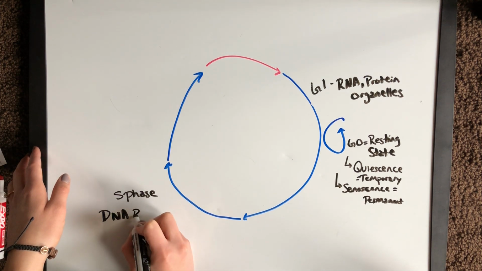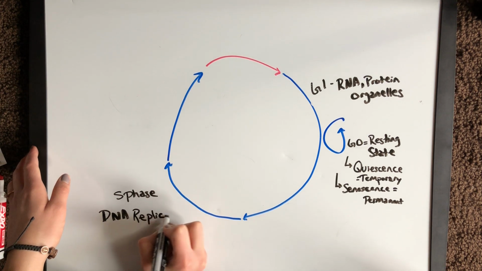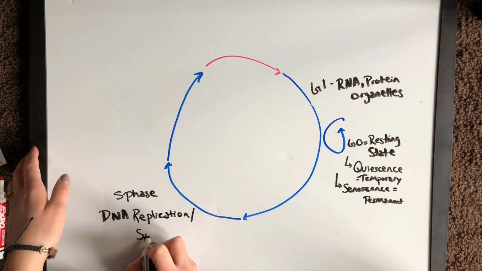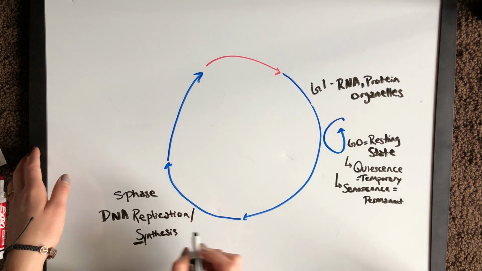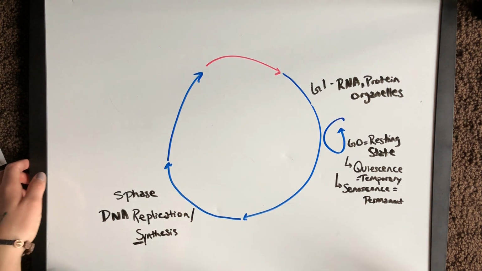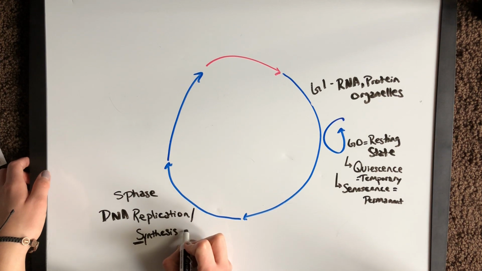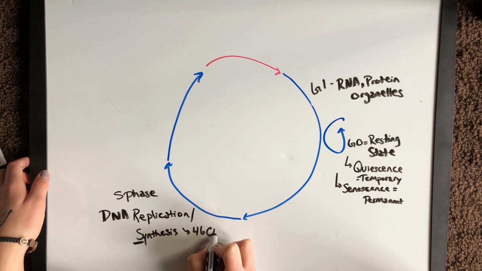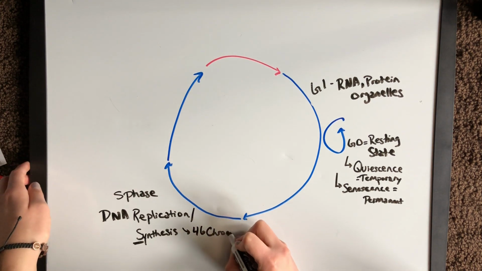If you think synthesis goes with the S phase, that might help you remember. And just as a reminder, we have 46 chromosomes in our normal body cells, so we're replicating all of those.